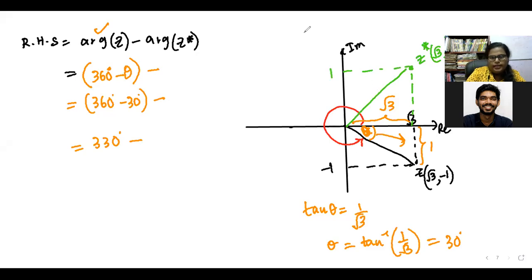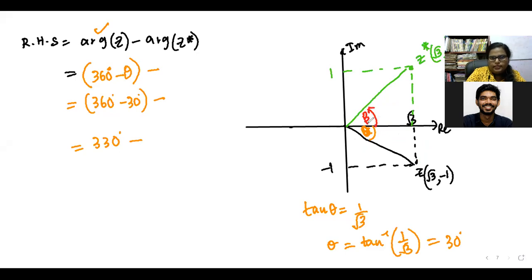For simplification, I will use this one. Arg Z star means you have to take this beta angle.